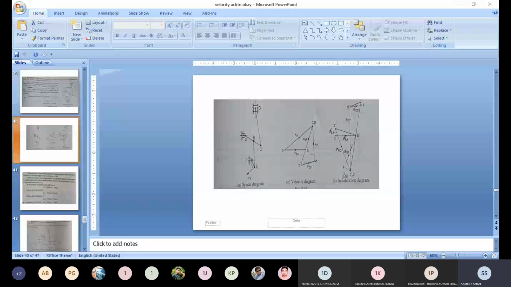From point A dash, draw vector A dash x parallel to AB, equal to 7.2 meter per second square.